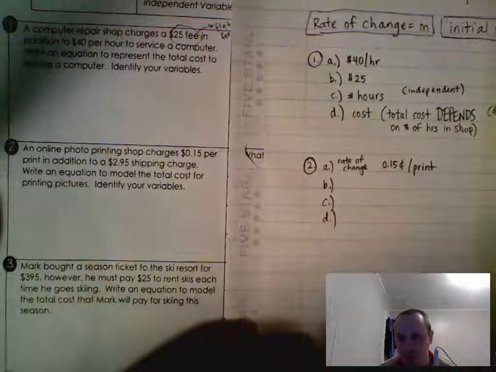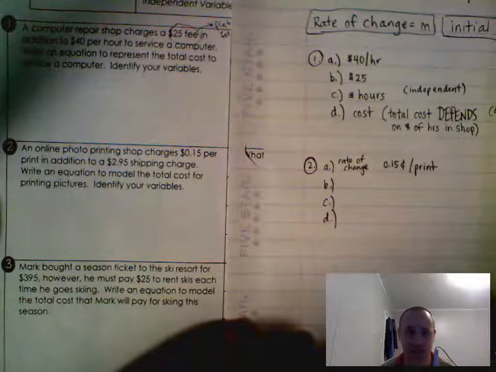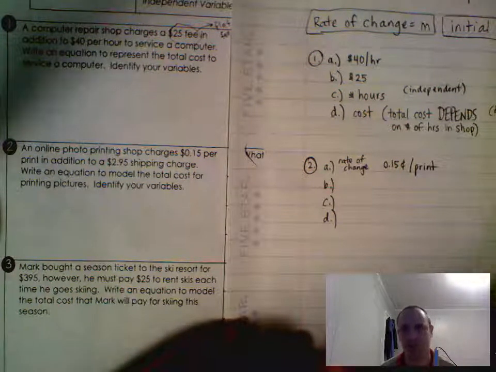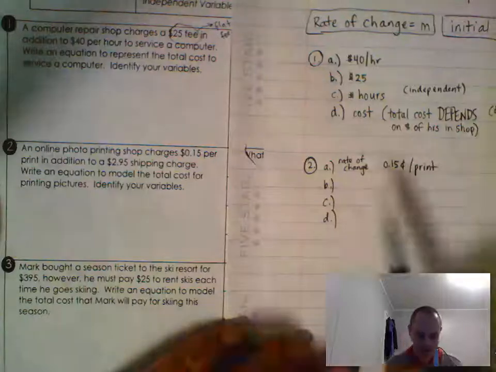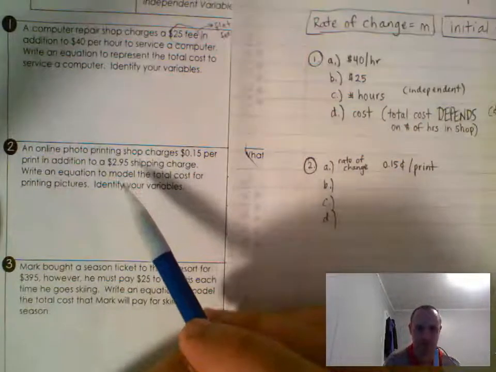So if you got 2 prints, your cost changes, right? The rate of change. If you got 3 prints, your cost changes. The shipping charge is always the same. If they ship you 1 picture, it's going to be $2.95. If they ship you 10 pictures, they're still only going to charge you 1 shipping cost, okay?